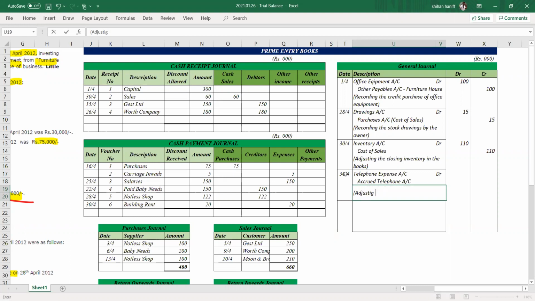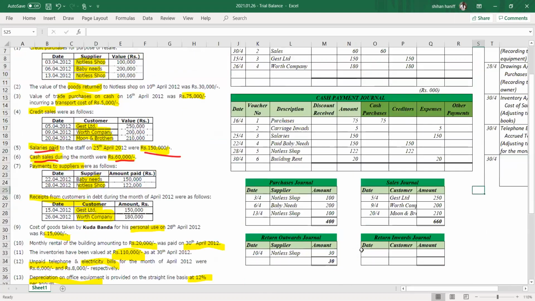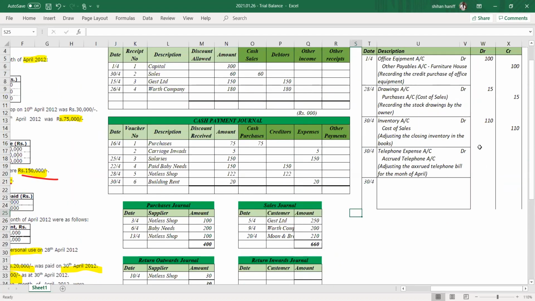Adjusting telephone 6,000. Electricity is 8,000.